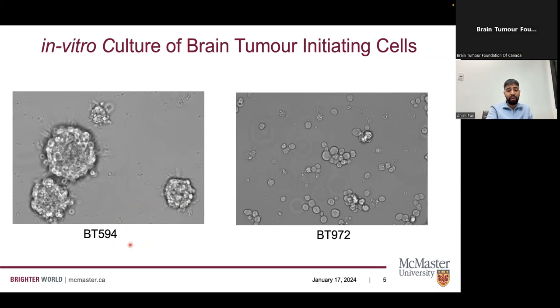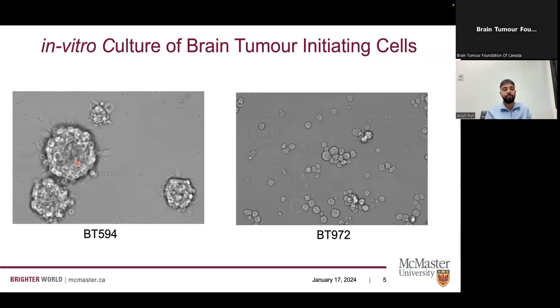And so the pictures that I've shown on the slide actually represent one pair. BT594 and BT972 are the primary and the recurrent disease, respectively, of a single patient. And so if you look within the dish, a very zoomed in scope of one dish, you could see that within the dish, not all of these neurospheres look the same.